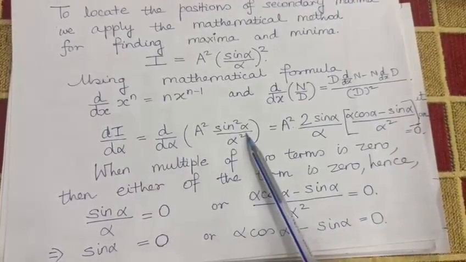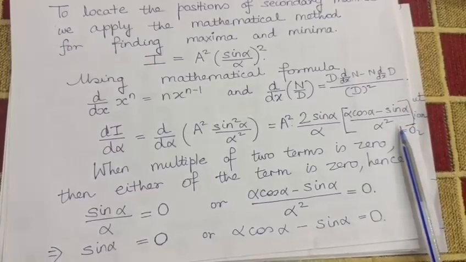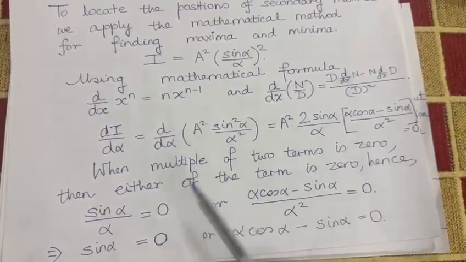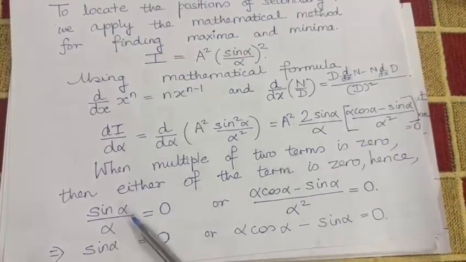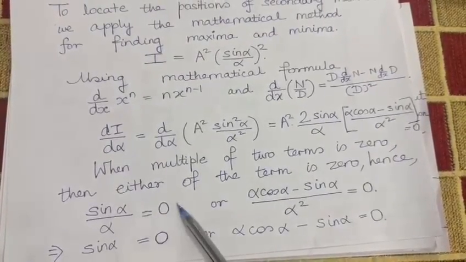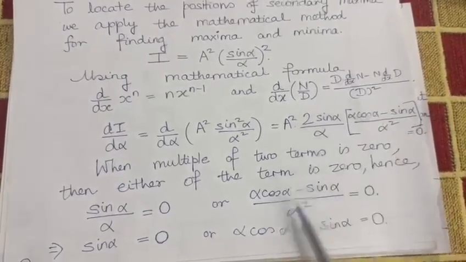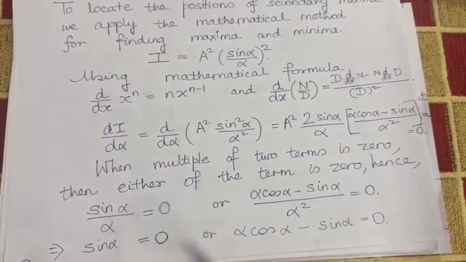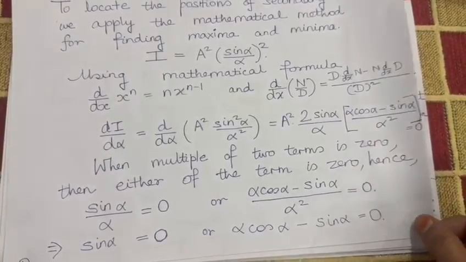Once we differentiate it and equate it equal to 0, then either of these terms will be 0. So that means either sine alpha by alpha will be 0, or this term inside is going to be 0.